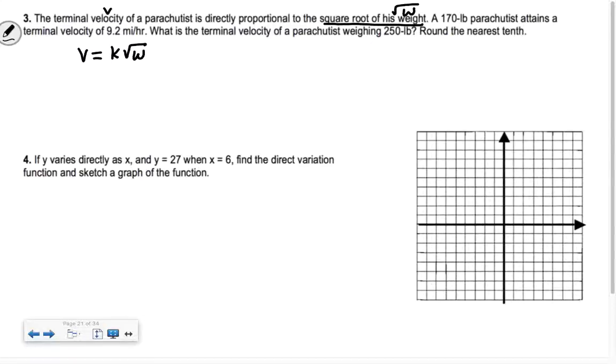So we need that constant of variation in there. So a 170-pound parachutist attains a terminal velocity of 9.2 miles per hour. So we're going to find k. We're going to do 9.2 divided by the square root of 170. You guys can do this on your calculator.